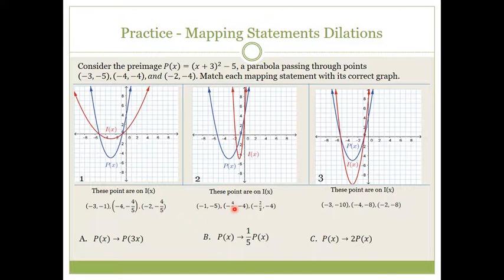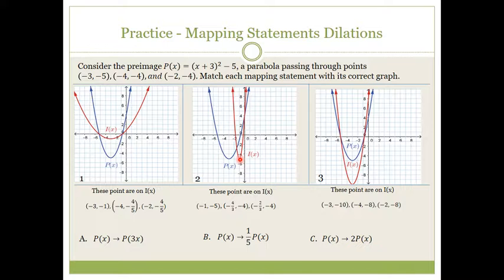Now let's take a look at graph 2. If I look at graph 2 and I'm looking at the vertexes again, I'm seeing what happened to the vertex. I can see that the vertex from our pre-image just shifted over to the right, but the y value stayed the same. So it's the x value that changed, but not the y value.